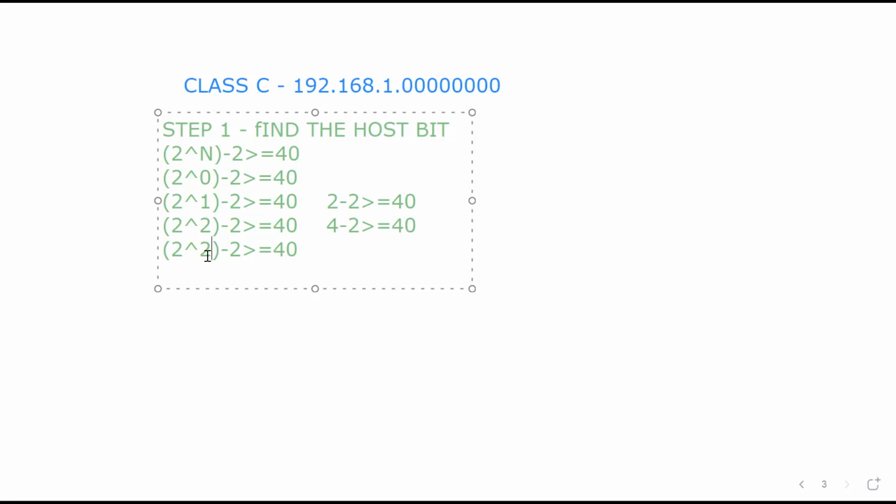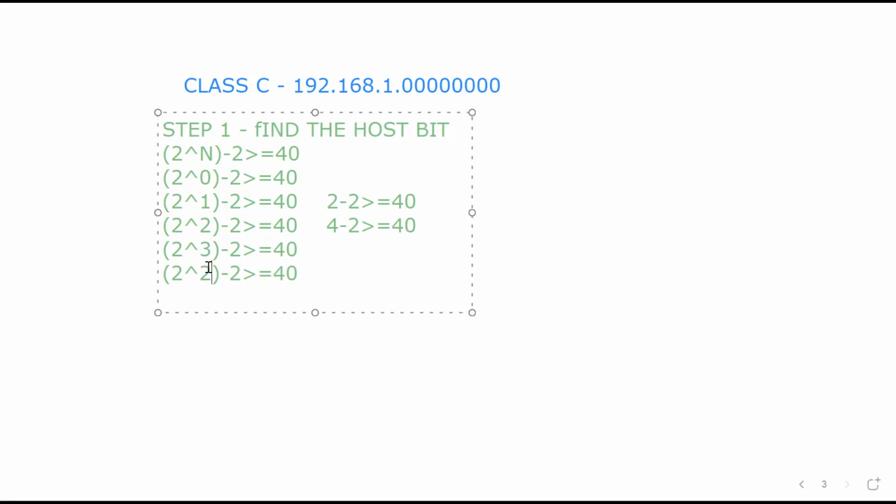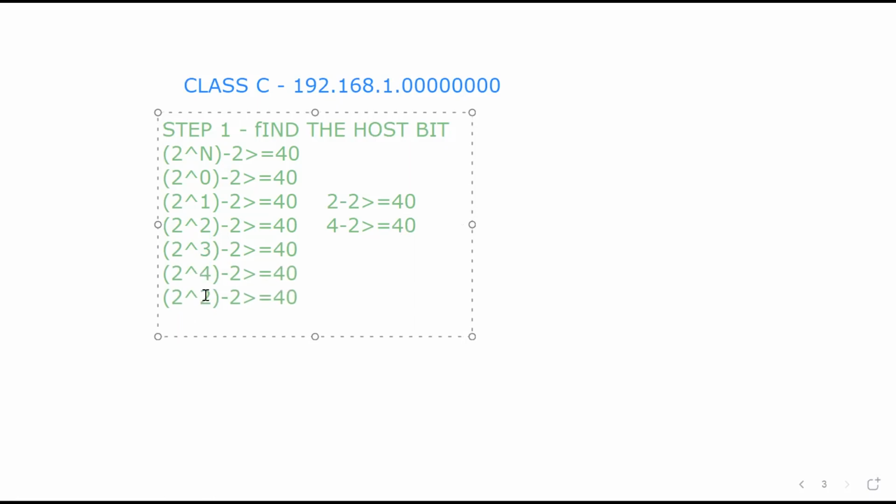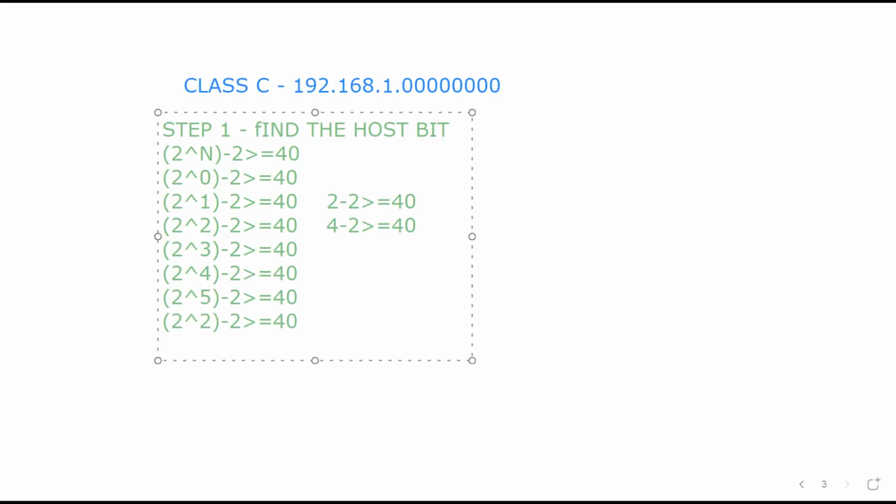Let me put again power 3, power 4, power 5, power 6. 8 minus 2 is greater than or equal to 40? No. 16 minus 2 is greater than or equal to 40?